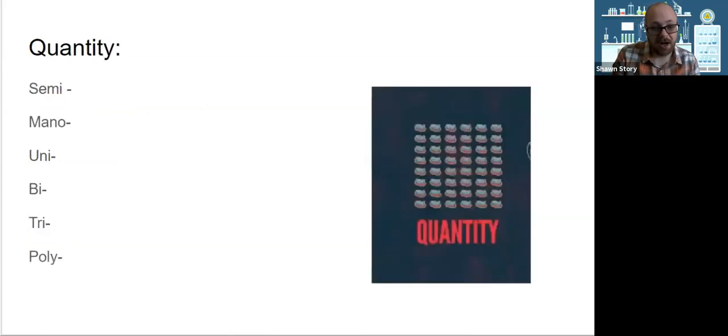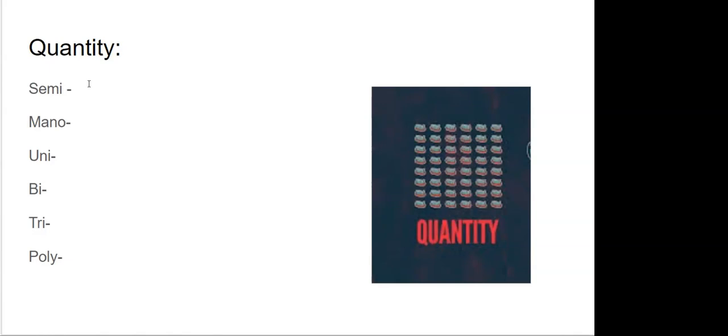All right, quantity. We're counting things. What do we got? Semi, mono, uni. Semi, is that like half, right? Yeah, it means about half.